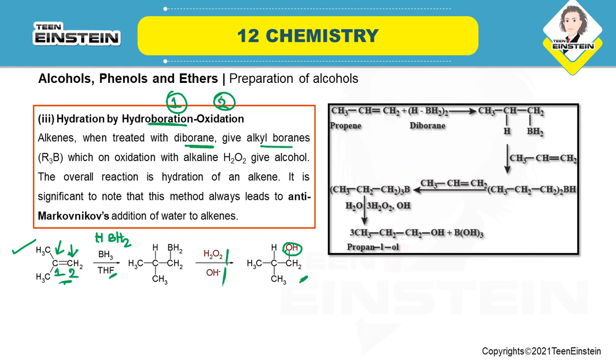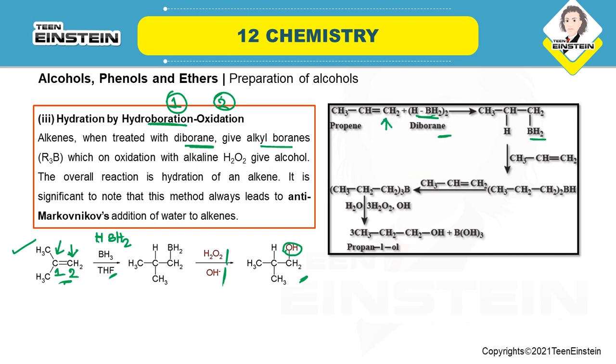Now some specific examples we have taken. Propene, CH3CH=CH2, with diborane, (BH3)2. BH2 is added to the carbon containing the higher number of hydrogens.